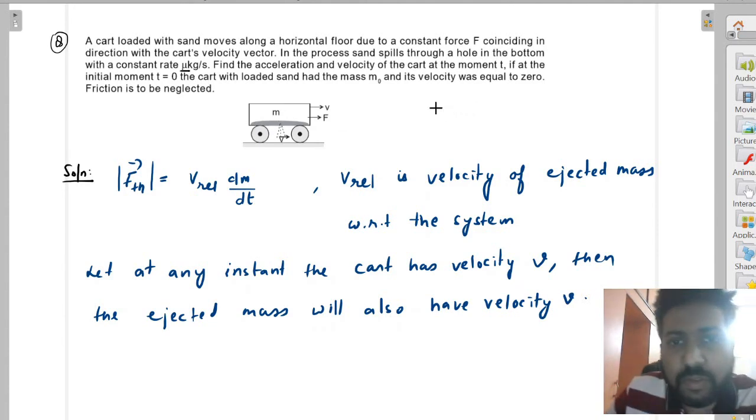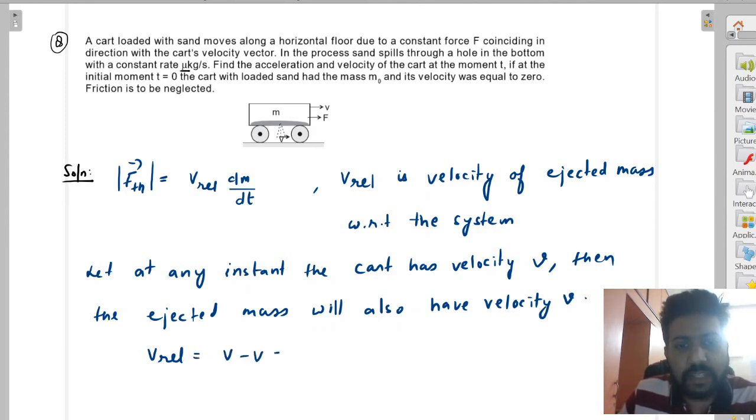Because you know that when an object is dropped from a moving object, this object acquires the velocity of the moving object. So here when the sand is spilling out, it is acquiring the same velocity as the velocity of the cart. So the ejected mass also has the same velocity, that is v. So therefore the relative velocity will become v minus v, and that is 0. There is no relative velocity, so that means the thrust force is 0. So there is no thrust force.